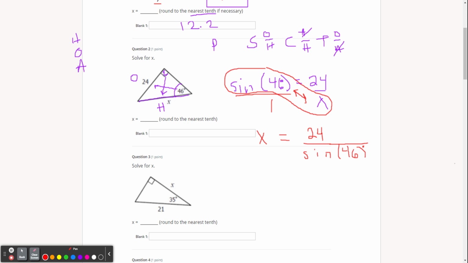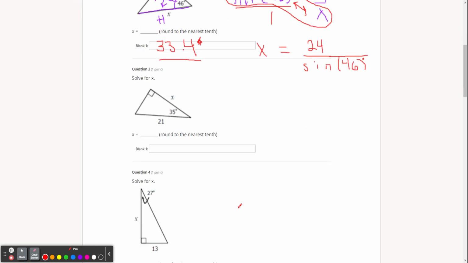You're either not in degrees or you haven't put your angle in the parentheses. So what is my answer here rounded to the nearest tenth? I heard 33.4. Is that correct? Okay. Oh, and that's not an angle, that's a side, right? 33.4 is the hypotenuse.